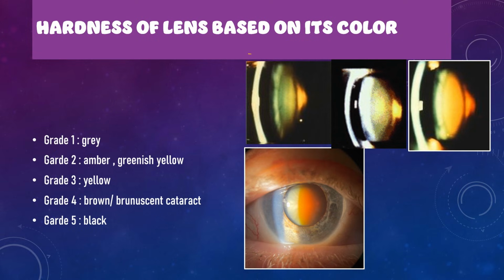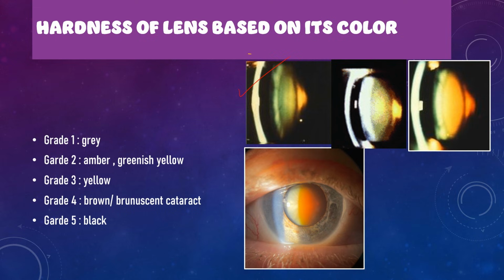Then the lens can be classified just based on its hardness. This was an old classification, of course, but still it is relevant. Just based on the color of the lens, you can tell how hard the lens is. If you see a lens which is slightly transparent grayish or maybe very slightly greenish in color, that is called a grade 1 lens.